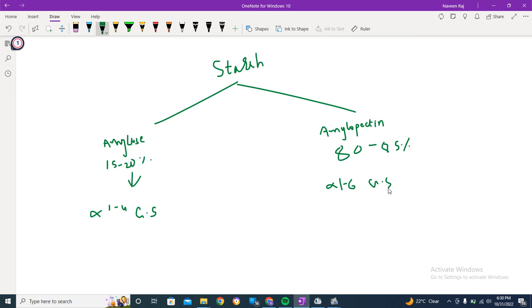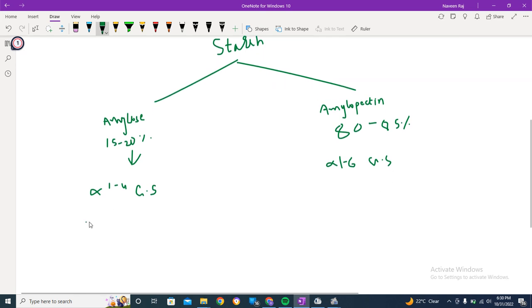I'm drawing the structure: amylose is the linear one, and amylopectin is the branched one, which comes at every 25 carbon number gap.